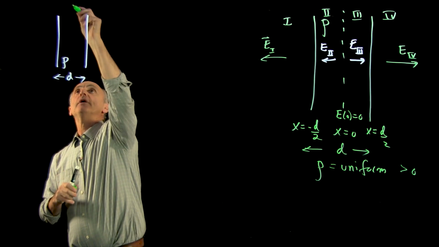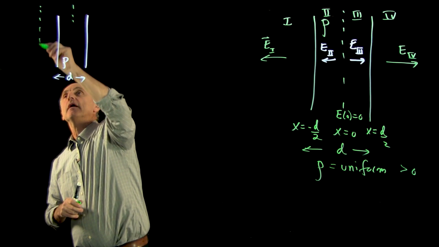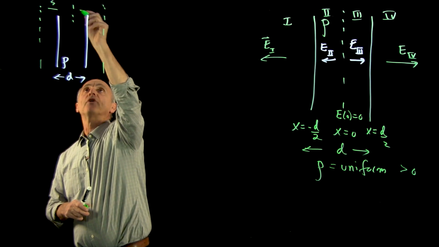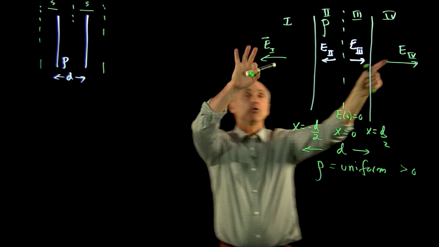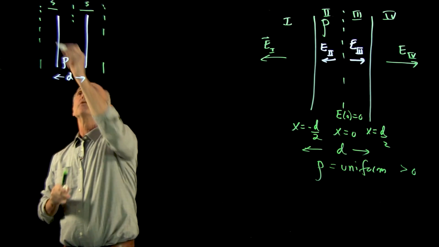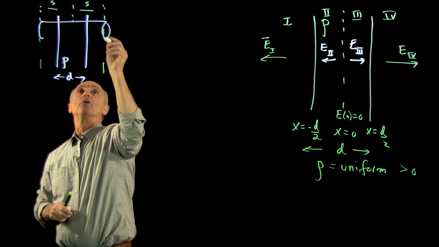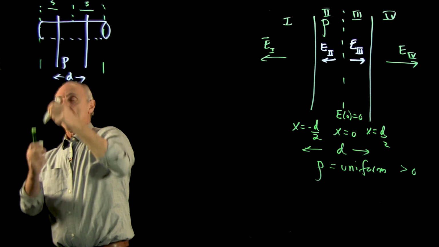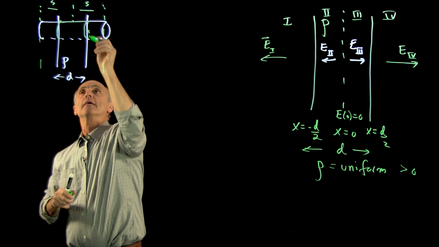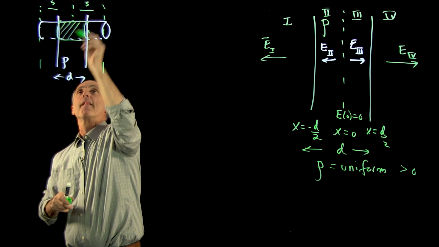And if we pick equidistant surfaces on both sides, we expect the fields to have the same magnitude by symmetry. So our Gaussian surface will look like a cylinder. And the charge enclosed is in this region.